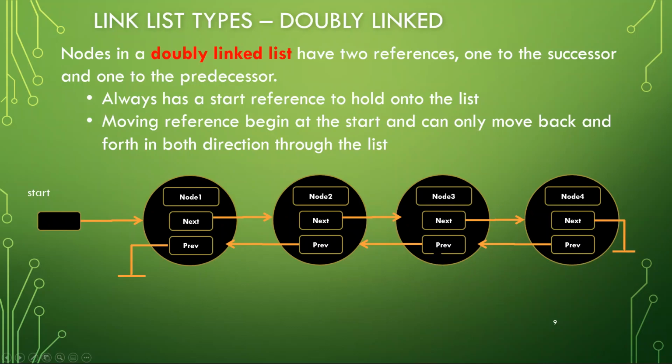The previous references always have to link back to the previous node. And now, when you're going through the entire list with next, you have null at the end of the list, and you also have null at the very beginning of the list when you've reached the start of it. But you still just have this one reference that holds onto the start, or you could include another end reference that gives access to the actual end of it.